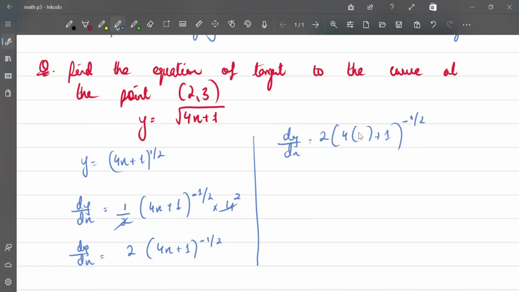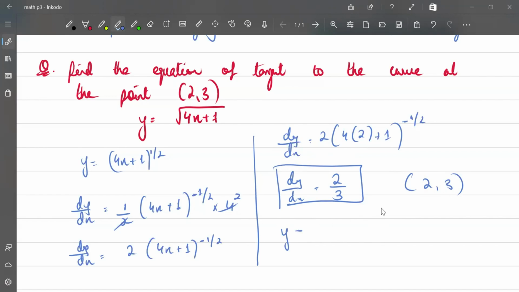This point is 2. So the dy over dx is, let me just calculate, 2 upon 3. So we have the gradient of the curve, and we have the point 2 comma 3. Using the point and the gradient, we can easily form the equation, which is y minus y1 is equal to m times x minus x1.